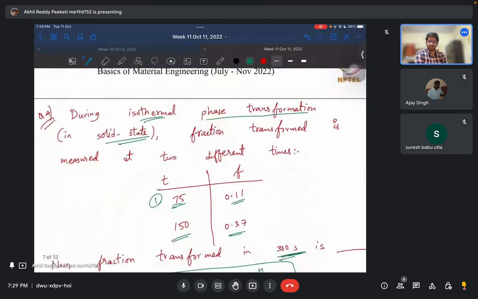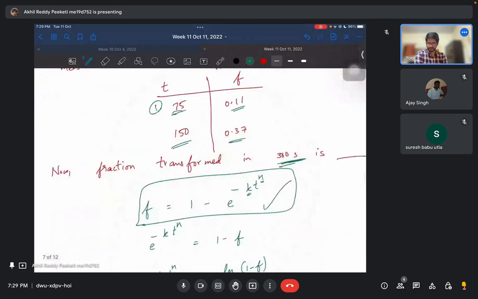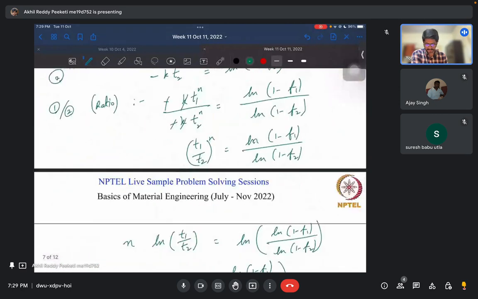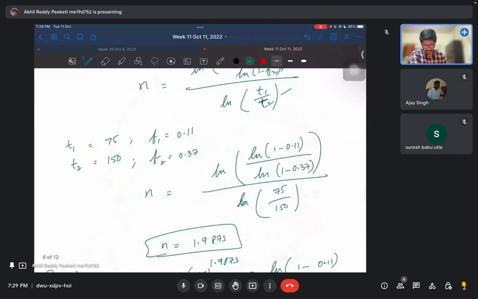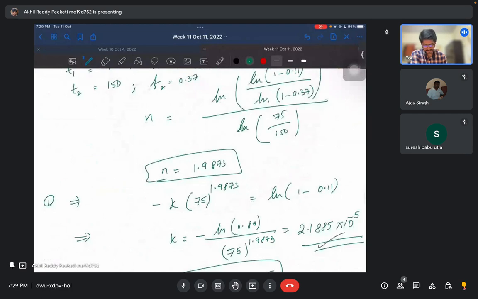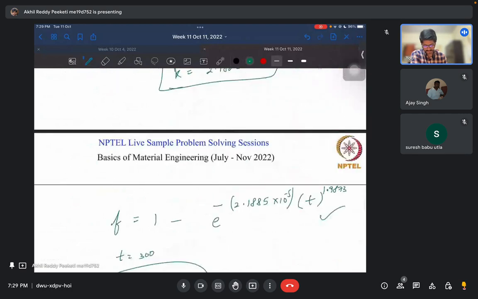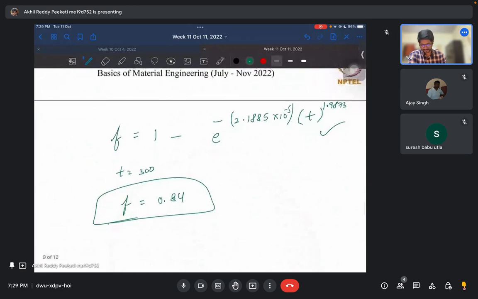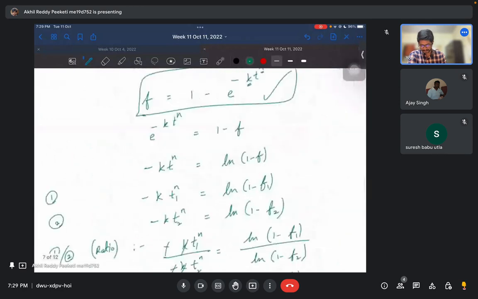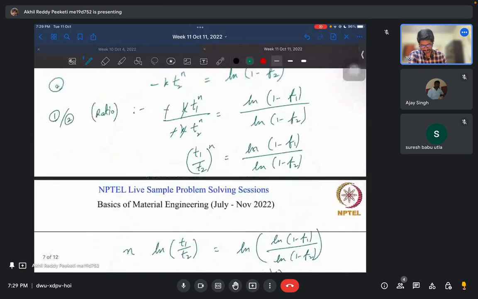Basically, first we estimate the constants in terms of the given known values, then use that to get the actual equation, and then we substitute the time which we are supposed to estimate. Okay, hopefully this is clear.